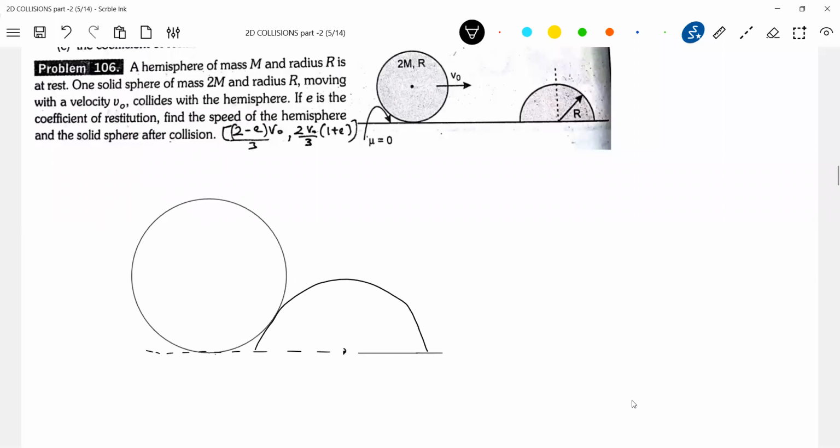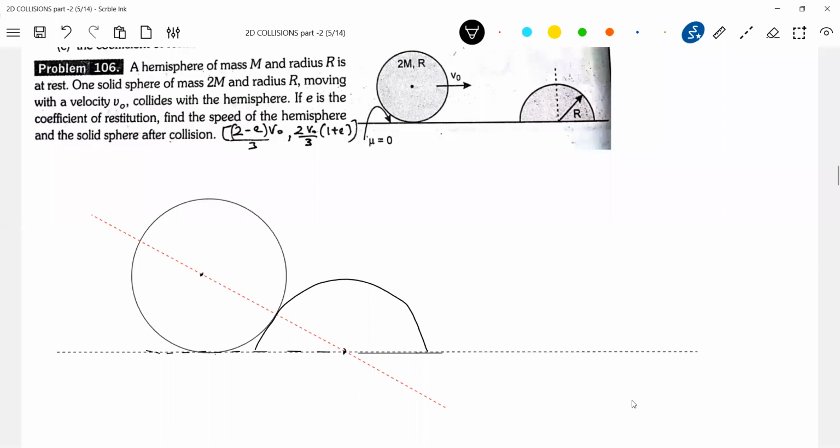So they are in contact. So the line of impact will be the common normal for the line of impact. This is at the ground.